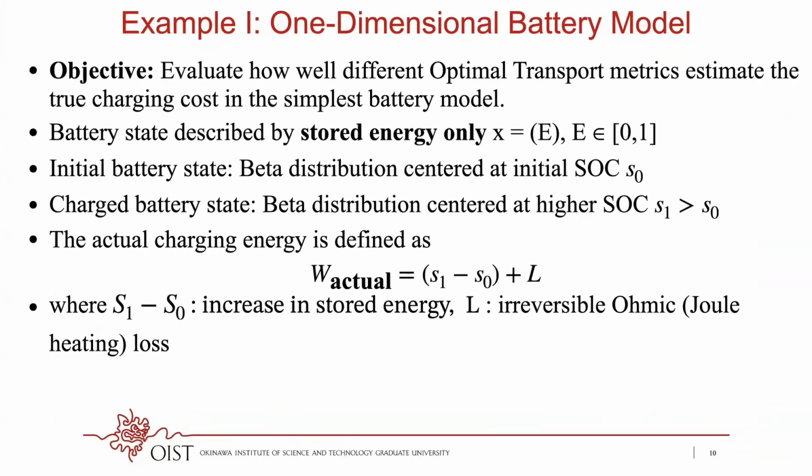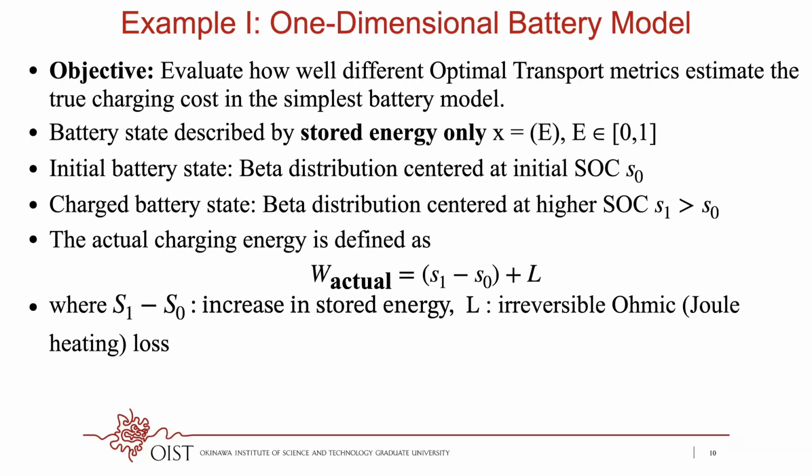You can see here that for this one-dimensional battery model, our parameter is only energy, and as this is a toy model, the state of charge distribution is defined as a beta distribution, defined as S naught, and the battery's charged state is defined as S1, which is greater than S naught.